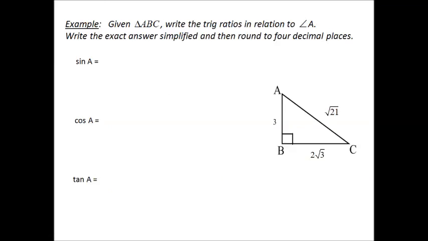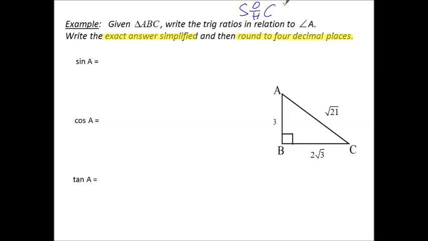In our next example, we're supposed to write the trig ratios in relation to angle A, and we're supposed to write them in exact simplified form and then round it to 4 decimal places. Now the very first thing we are going to do is write down our SOH CAH TOA.